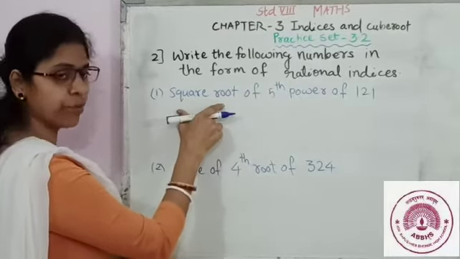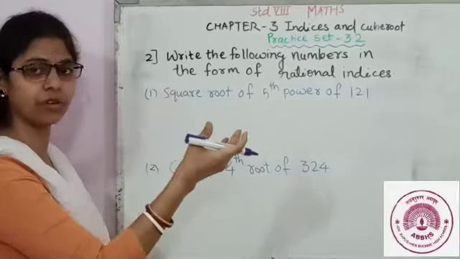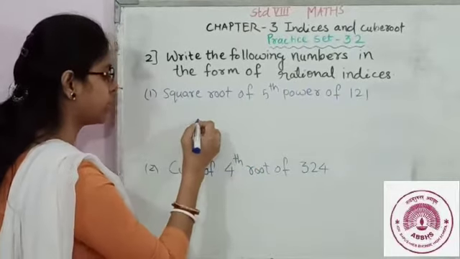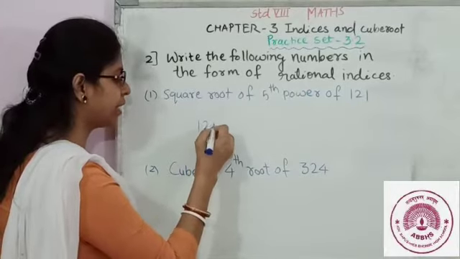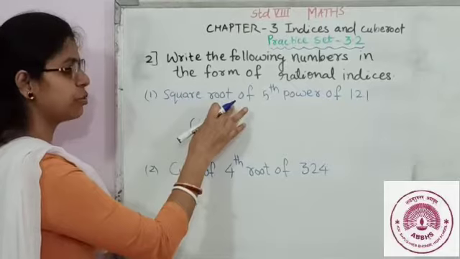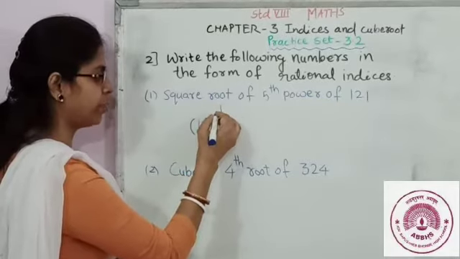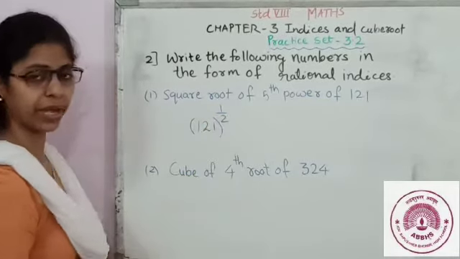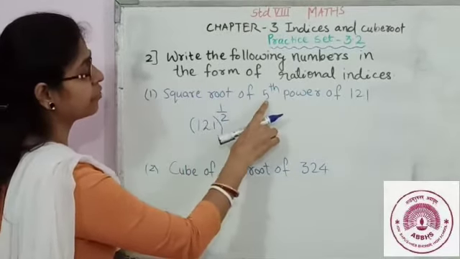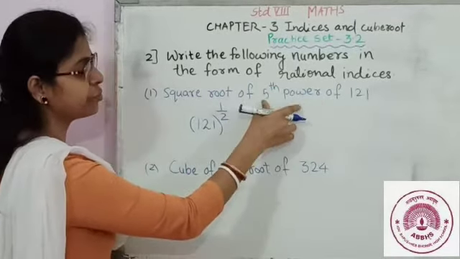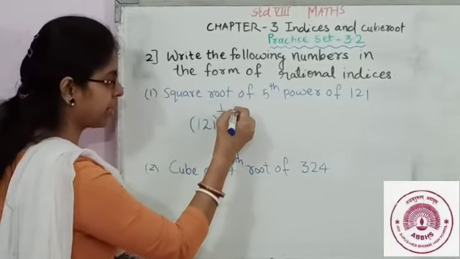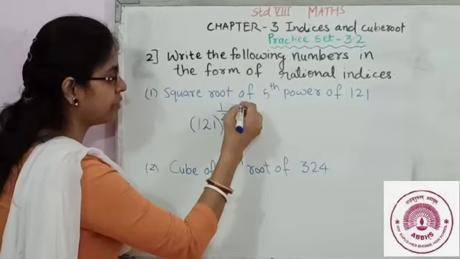Now square root means a number raised to power 1 by 2. Here the number is 121. So let's write it. 121 bracket square root means raised to power 1 by 2. Okay, and after that what is there? Square root of fifth power of. Fifth power means raised to power 5. So here you can write raised to power 5.